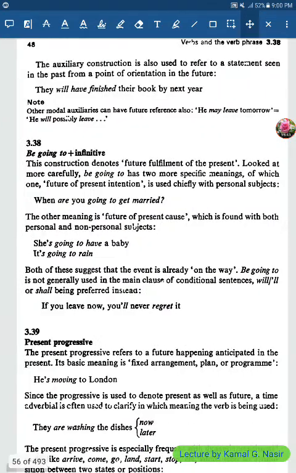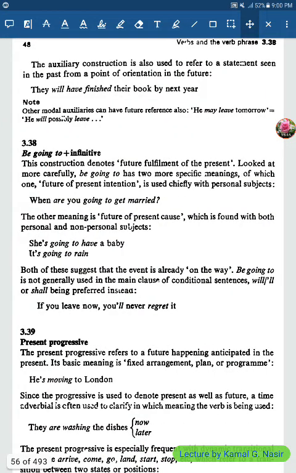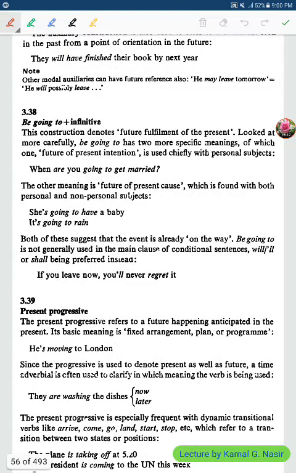Again, how can we express the future time? We can express it by using be going to plus infinitive. Look at these examples: when are you going to get married? This is to say that you are not married now, and I'm asking you about something in the future.